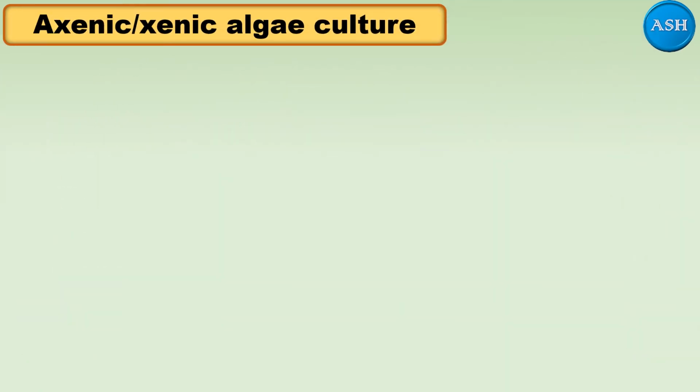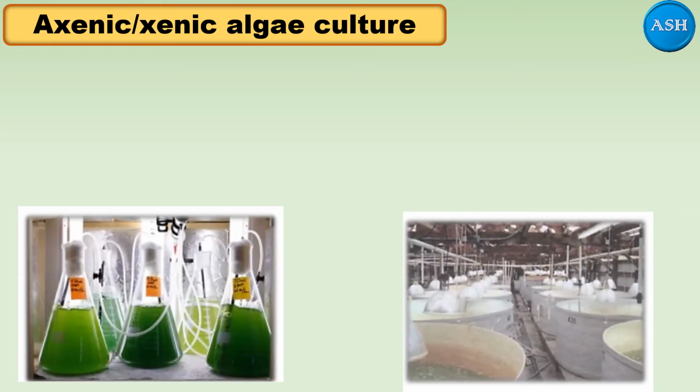The next one is axenic or xenic culture technique. Here in the picture you can see that axenic means it's totally packed, means it is totally sterilized. The meaning of axenic is that the algae culture is done under sterile condition.